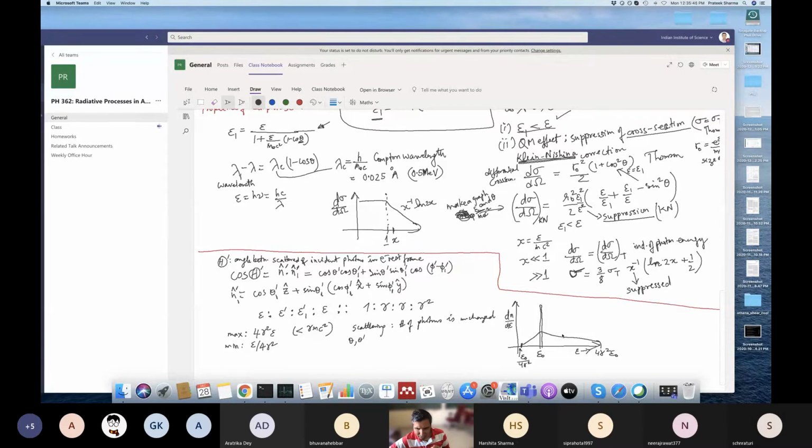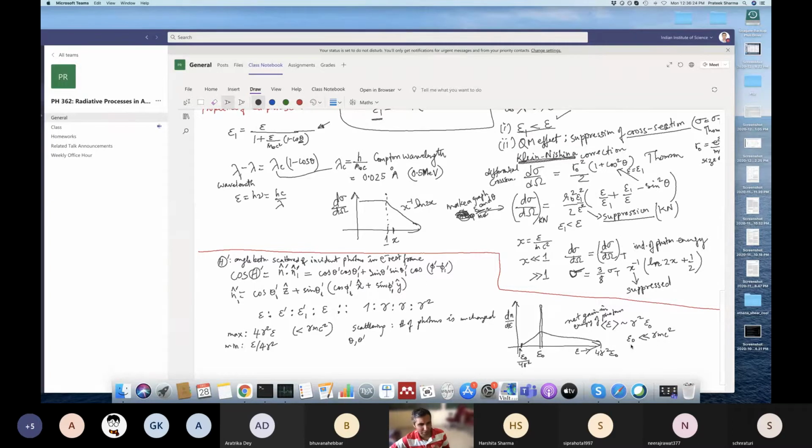And so basically the energy of the photons gets spread, but the mean energy sort of goes like gamma squared epsilon naught. So there is a net gain in energy for photons if epsilon naught is less than gamma mc squared.